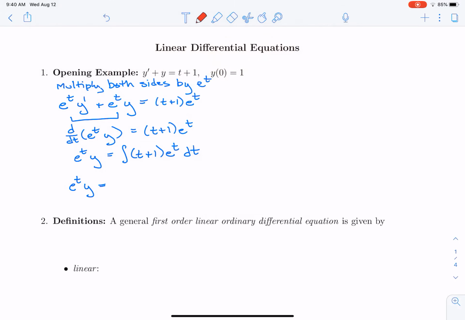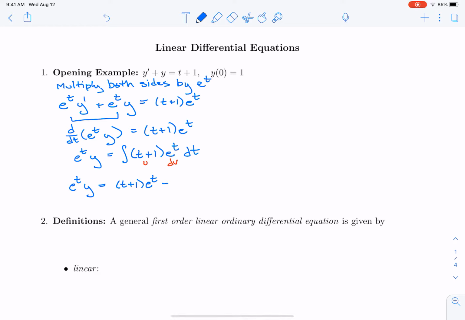Okay, so here I'm going to let u be t plus 1 and dv be e to the t. And so that tells me that the integral is going to be u times v. So it's going to be t plus 1 times v. V is the antiderivative of e to the t, which is also e to the t.